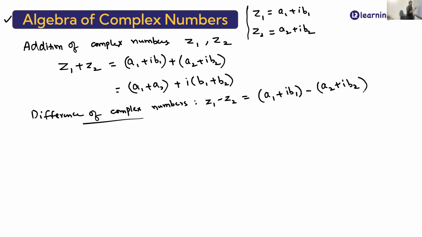So what will you write it as? It will be A1 minus A2 plus i times B1 minus B2. That's it. Okay, these two are simple, no? Right? So in algebra of complex numbers, first we saw addition, second we saw difference. Okay, can make a note of this.